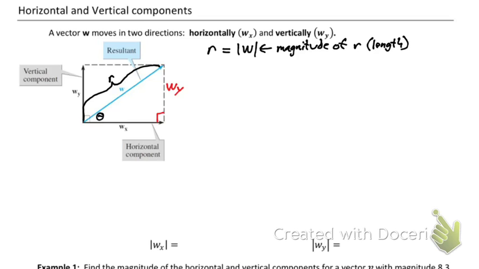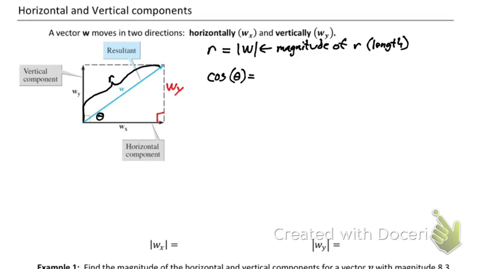Oh, I'm sorry, theta. All right, we're going to start with cosine. We're going to say cosine theta. Cosine, SOHCAHTOA, is adjacent over hypotenuse.